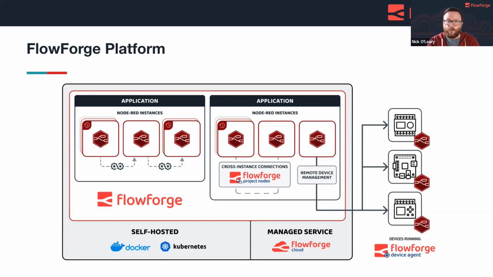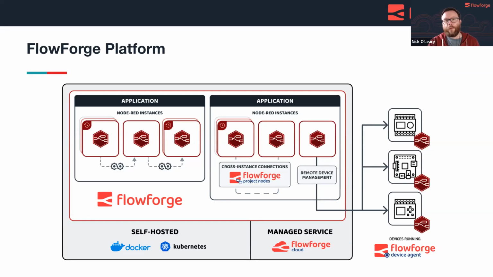So within your application, you might have your development instance, your testing instance, and your production instance. And then FlowForge will help you build the pipeline so that you can, with one or two clicks, move flows from one instance to the other when they're ready.